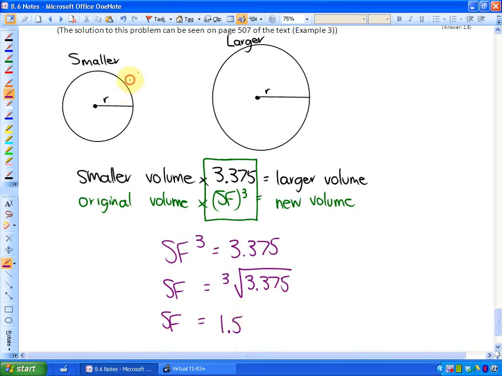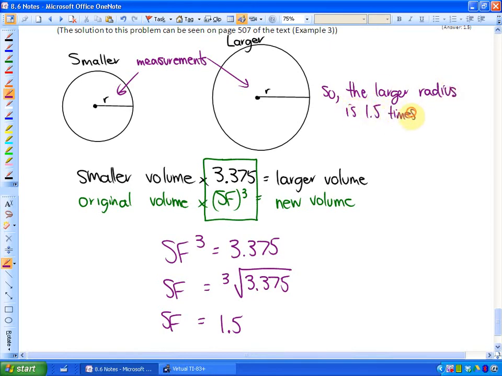Now since these are not areas or surface areas or volumes, these are simply measurements, radius, they would just be related by the scale factor. So the larger radius is 1.5 times the smaller.